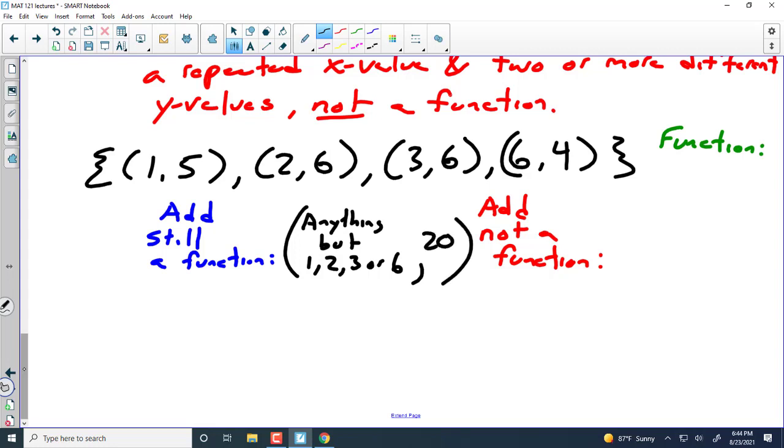And your first one's going to be fine as long as you started it with anything but 1, 2, 3, or 6. As long as you put some number here, and it didn't matter what you put in the second number, as long as you put some number here that wasn't 1, 2, 3, or 6, you won.